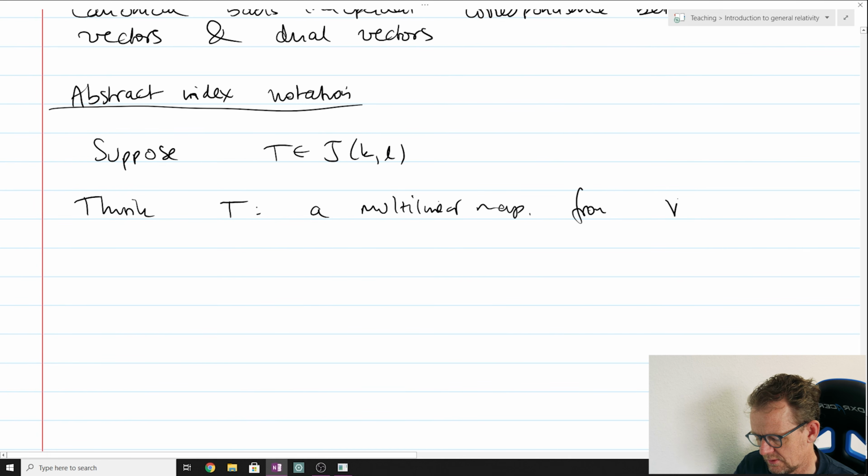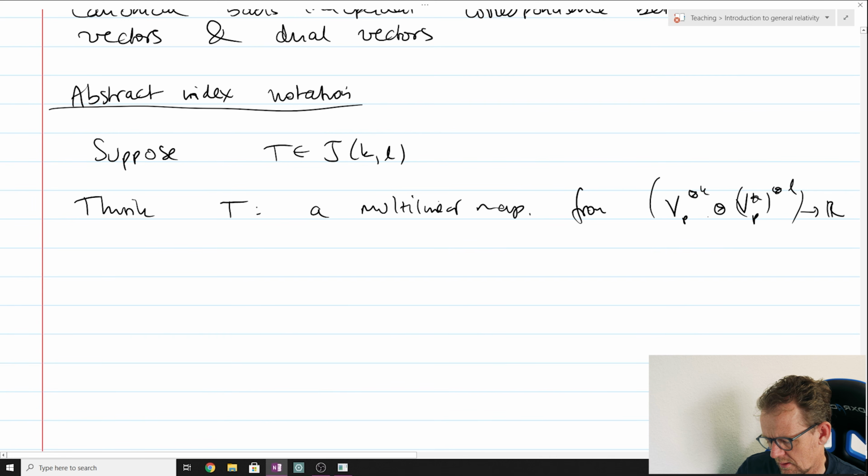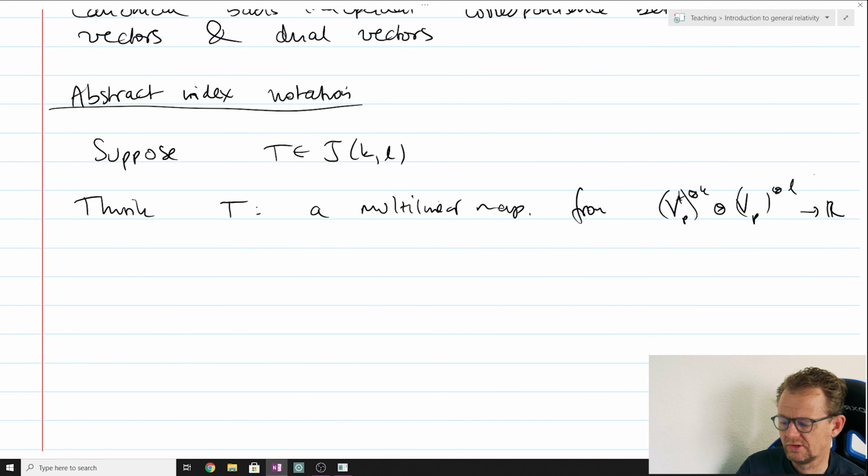You can think of T, a tensor of type KL, as a multilinear map that eats K dual vectors and L tangent vectors and produces a number.